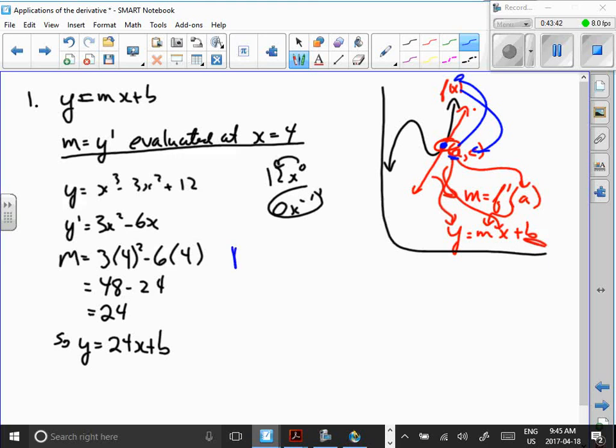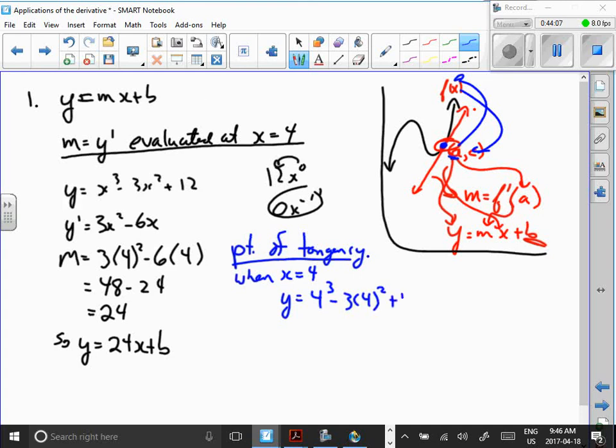So, the point of tangency, okay, that's what we're trying to find. When x equals 4, y equals, plug 4 into the original function. 4 cubed minus 3 times 4 squared plus 12. 4 cubed, anybody know what that is? 64, you're right.